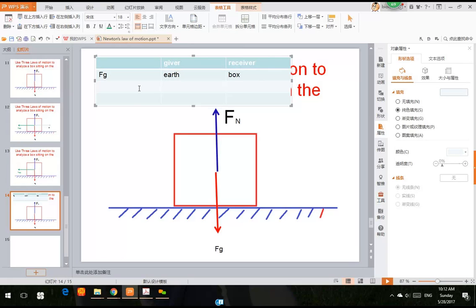And for Fn, the giver is the surface of the Earth, and the receiver is the box.